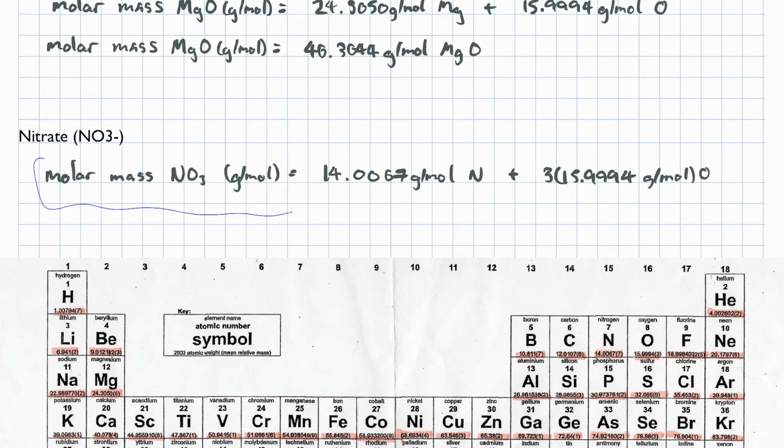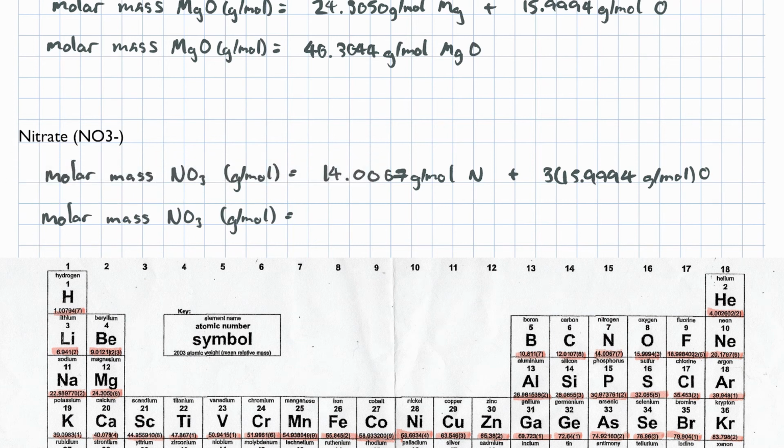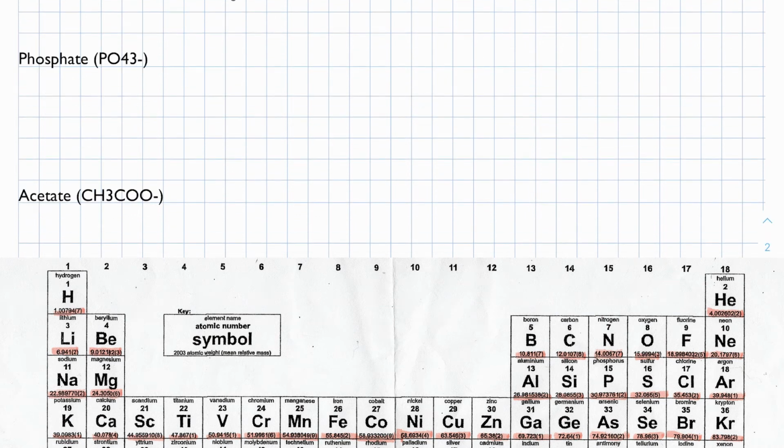So your resulting molar mass for nitrate should be 62.0049 grams per mole of NO3 minus. So let's do phosphate now. Molar mass.